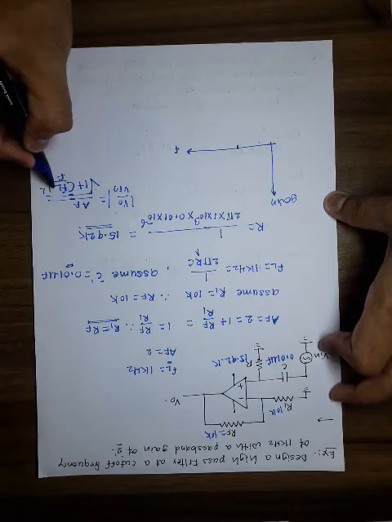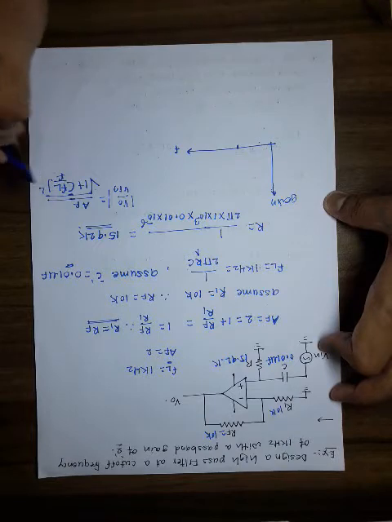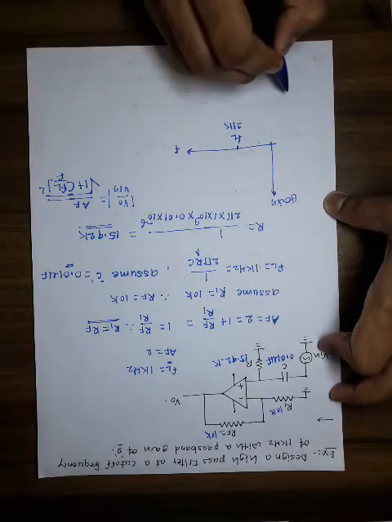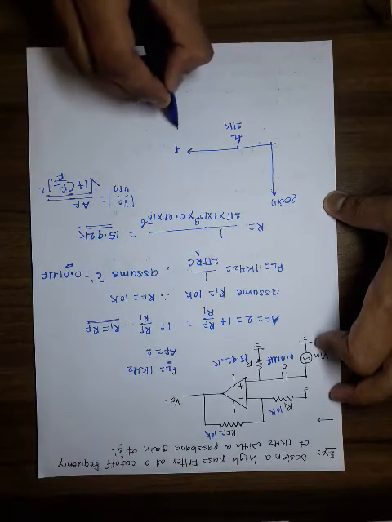FL remains the same, that is 1 kilohertz. F is the frequency we have to vary. So select some frequencies less than 1 kilohertz.